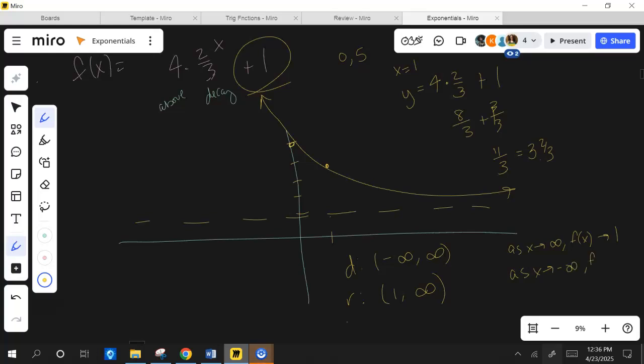The limit notation. 1 over infinity is 0. Well, we just talked about if you keep cutting a number in half, 1/2, 1/8, right, it gets closer and closer to 0.